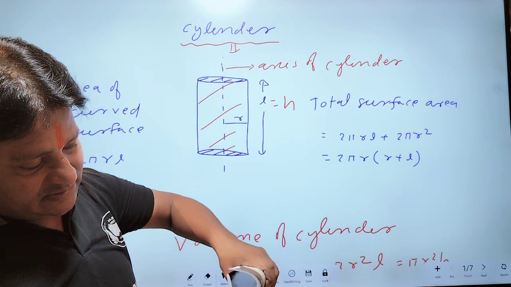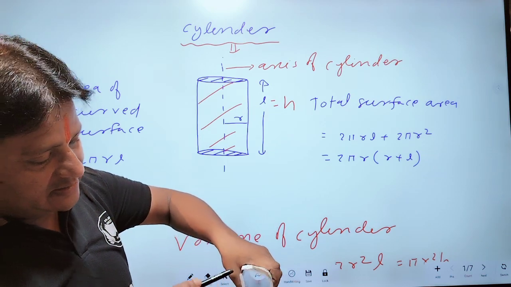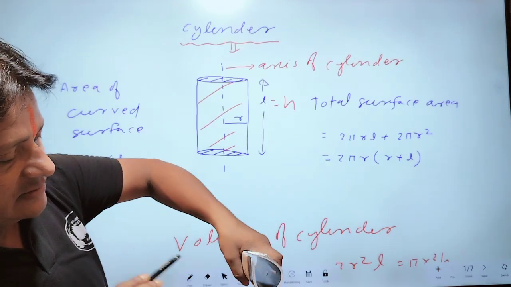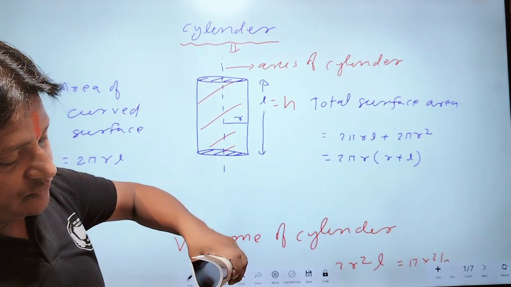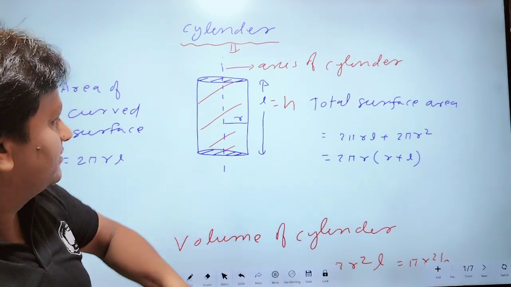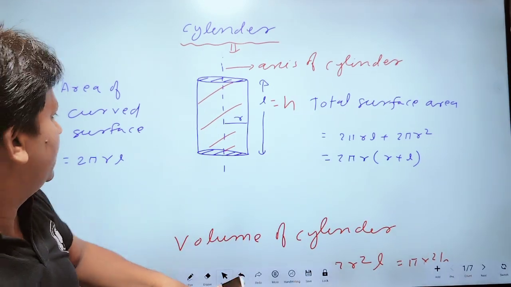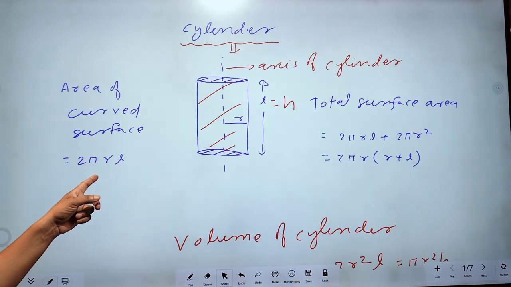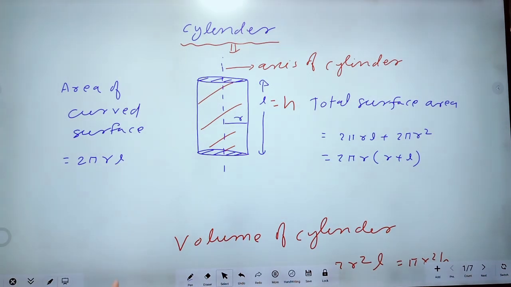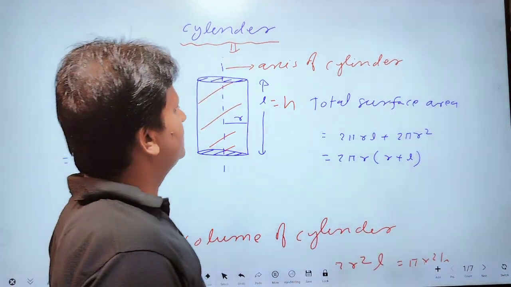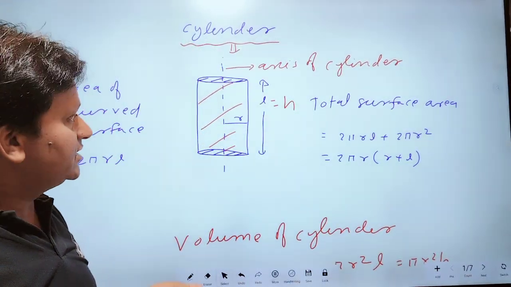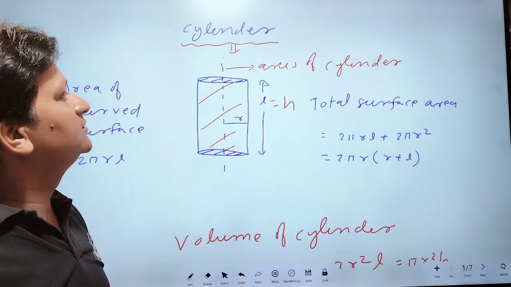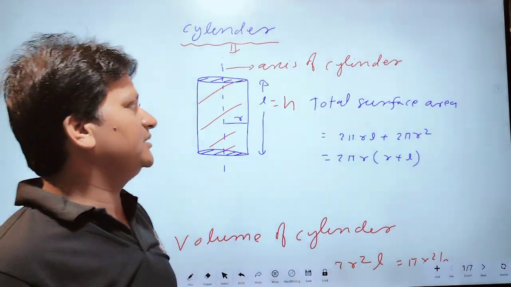This length is 2 pi r and this length is L. Therefore, area will be equal to width into length, 2 pi r into L. L is height, or it is also called length.